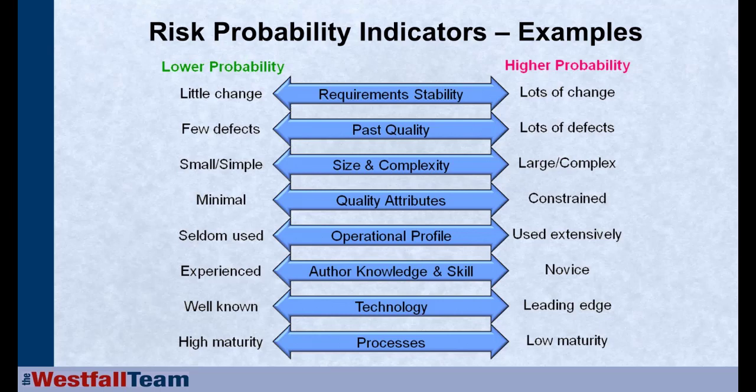And finally, the maturity of our processes themselves. We've got to consider if we are a level 1 company on the capability maturity model, or however you want to specify it. If you're doing ad hoc processes, you're more likely to make mistakes.